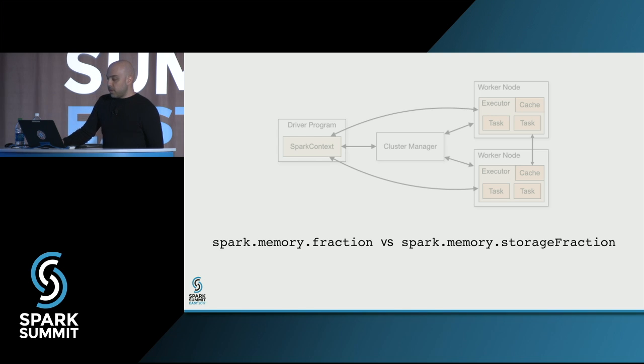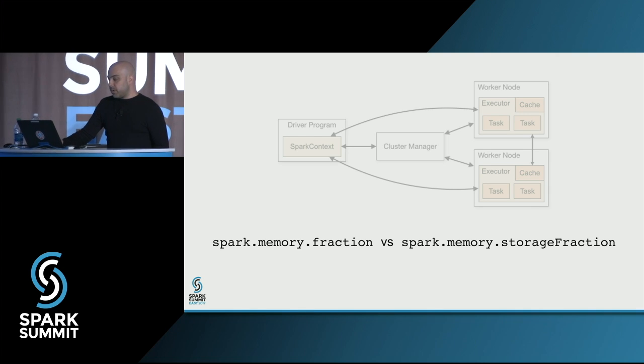The part that is allocated for execution and storage is by default 60% of your heap memory, and by default the remaining 40% is given to the user. Within that storage and execution memory portion, there is some fighting between the execution part and the storage part, so they can gain more memory.